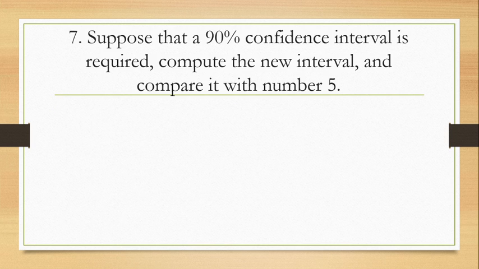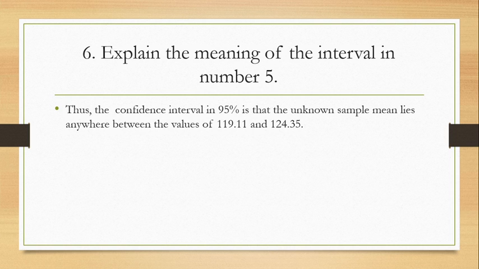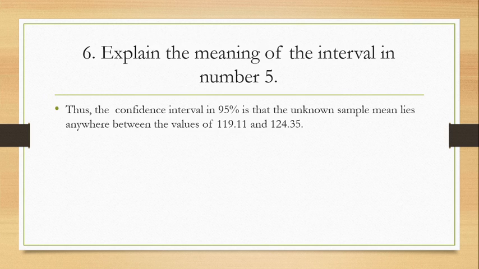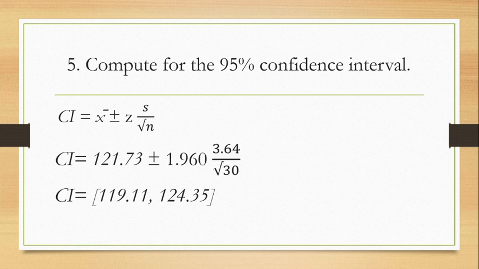The 95% interval is larger than the 90% confidence interval because, using a fixed sample size, the higher the confidence level, the wider the interval. Hence, number 5 is larger than the 90%.